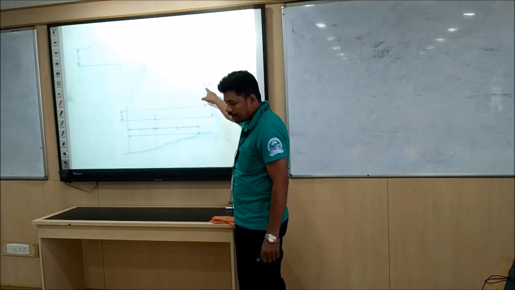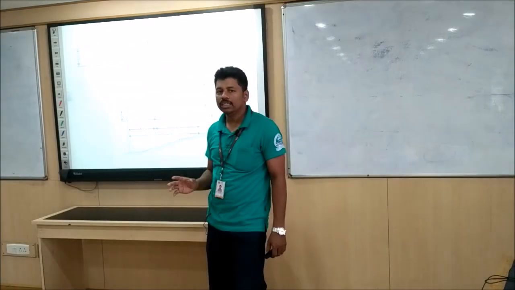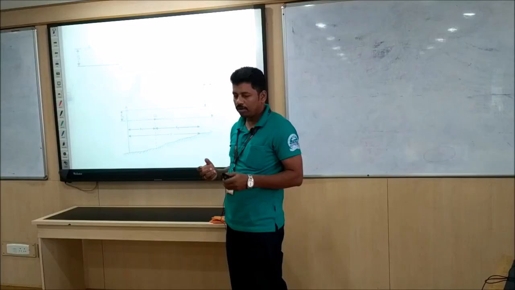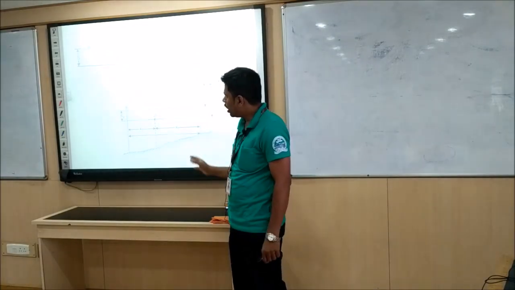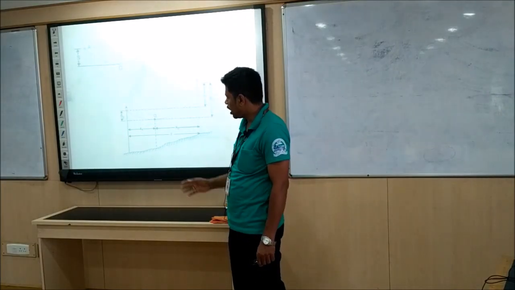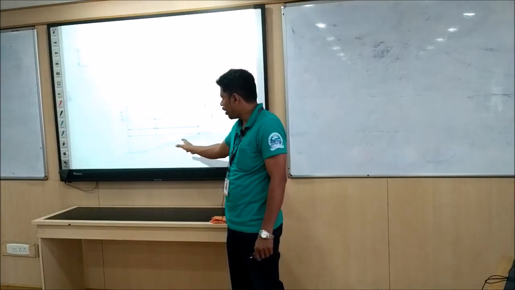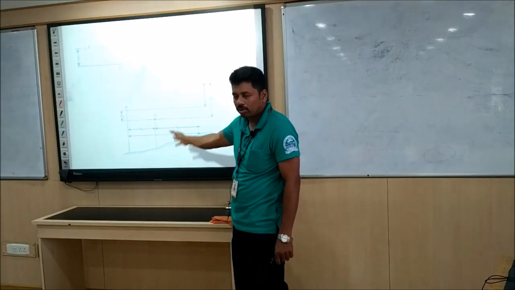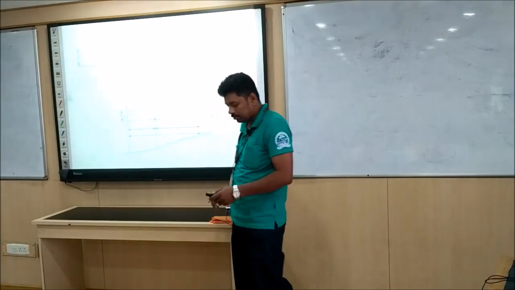From the highest tower to the lowest point, the sag is called S2, and the difference between S1 and S2 is called H. H is the difference in level between the two, and you can find it. In two unequal level supports, we assume some variables: x1 is the distance from the lowest tower to the lowest point of the conductor, x2 is the distance between the lowest point of the conductor and the highest tower, and the total line length is L. These are the assumptions we made.